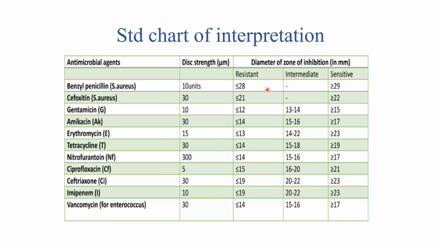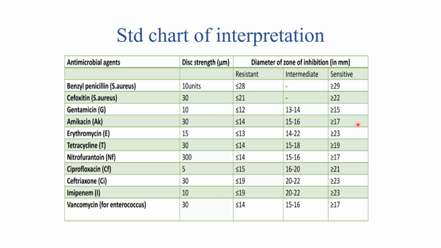For example, if you are taking the antibiotic amikacin, that means we are testing the organism with amikacin, and if you are getting the zone diameter less than 14, we will call that particular organism resistant to amikacin. And if we are getting the zone measurement between 15 to 16, we will call that particular organism intermediate to amikacin.